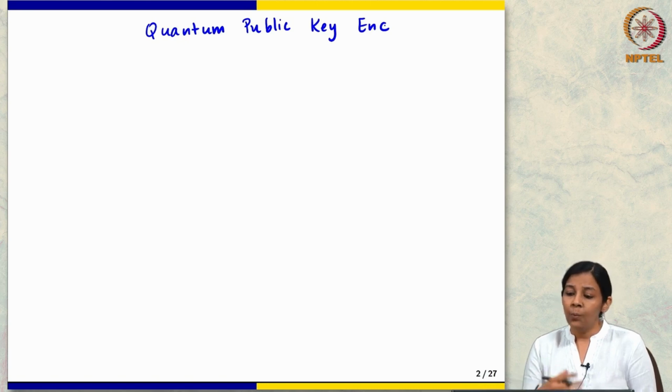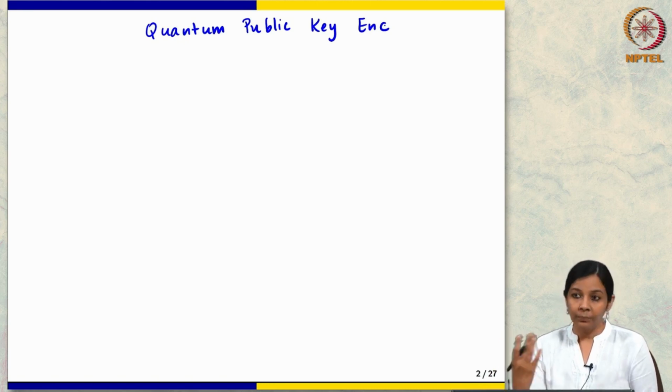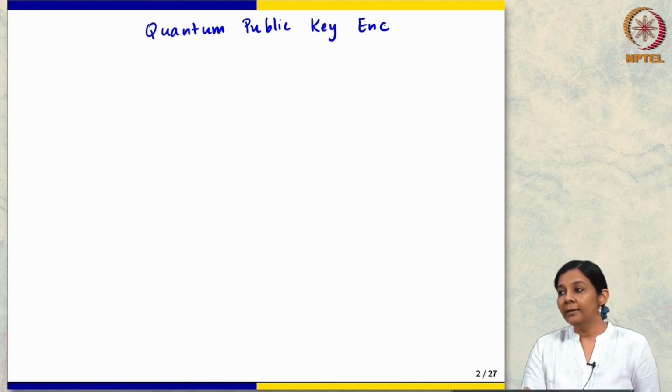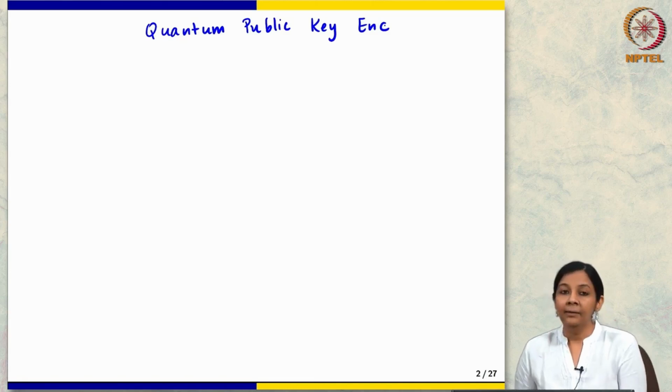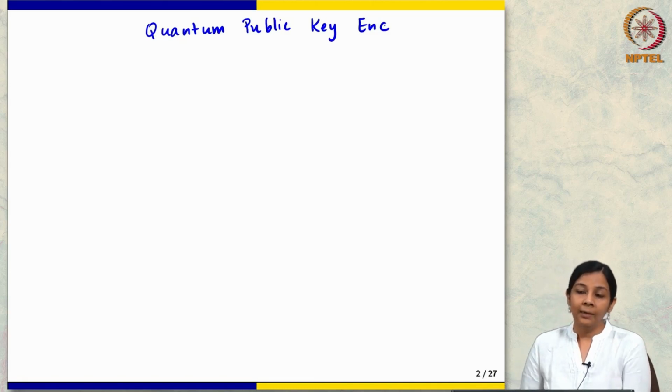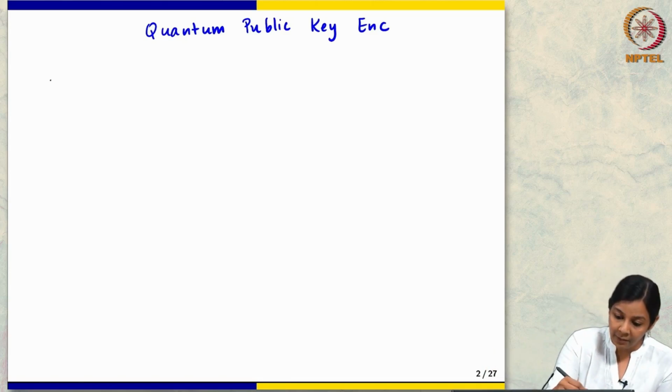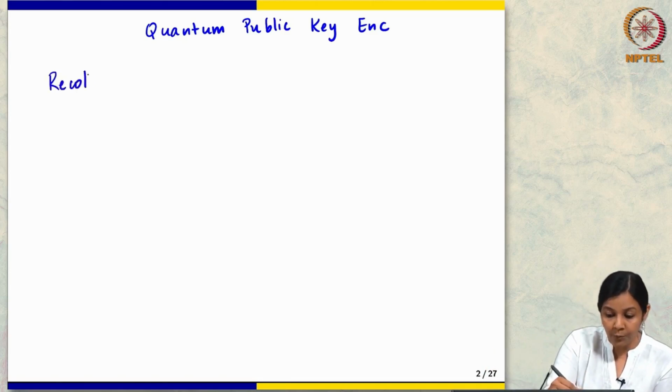Now, I want to generalize that to public key encryption. So, are there any thoughts or ideas on how I might proceed to do such a thing? And the hint that I have is that we will directly use the ideas from the quantum one-time pad. So, maybe it's good to quickly recollect what we were doing for the quantum one-time pad.